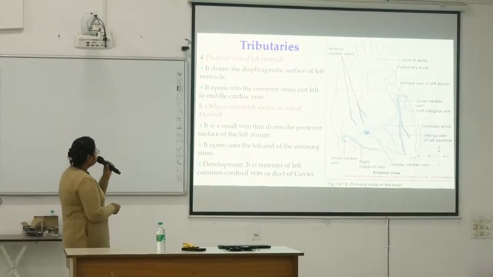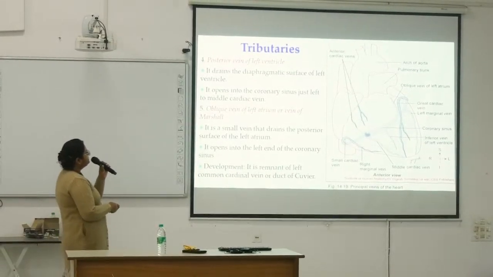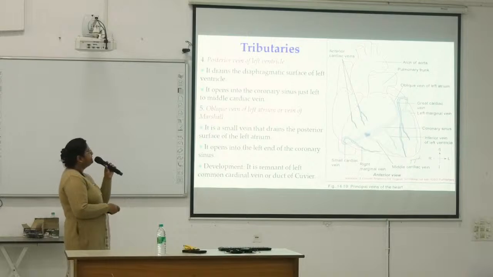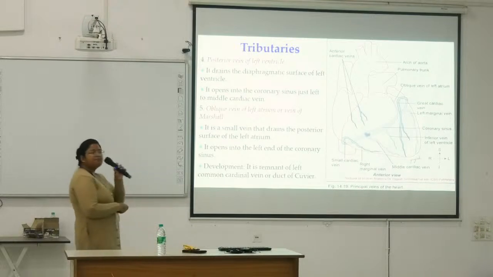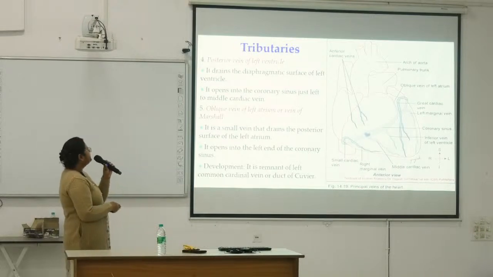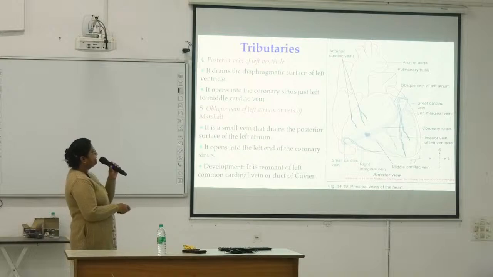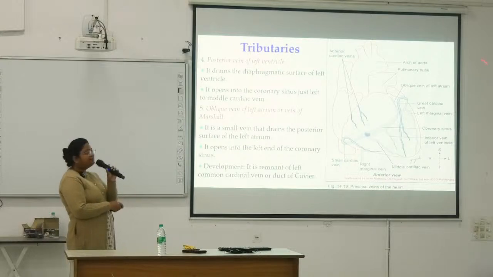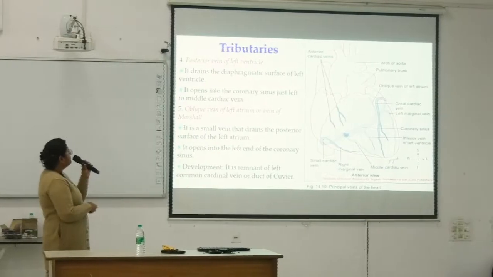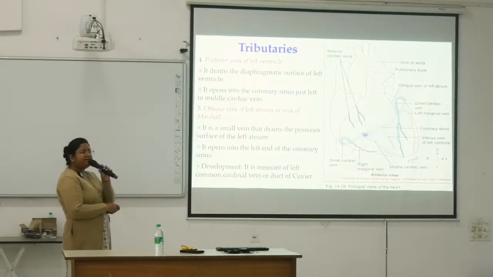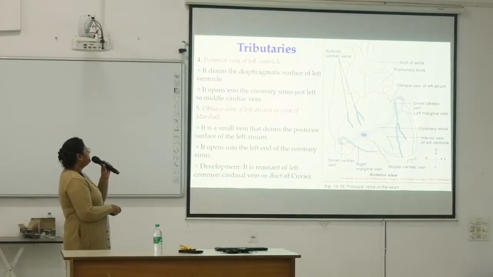Now next vein is the oblique vein of left atrium or vein of Marshall. Here is the oblique vein of left atrium or vein of Marshall. It is a small vein that drains the posterior surface of left atrium. Here it is coming from above, here atrium is lying. So it is draining the posterior surface of the left atrium, and it opens into the left end of the coronary sinus.